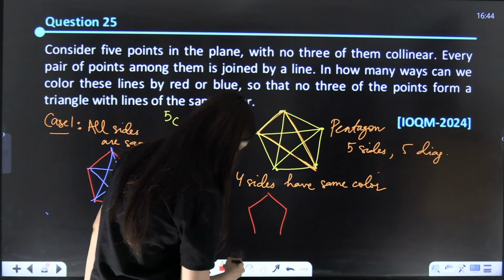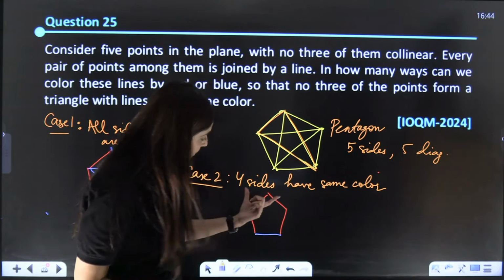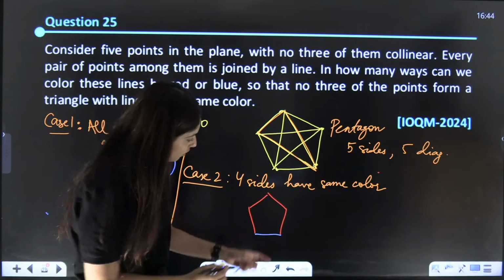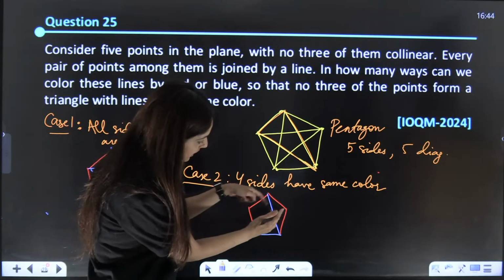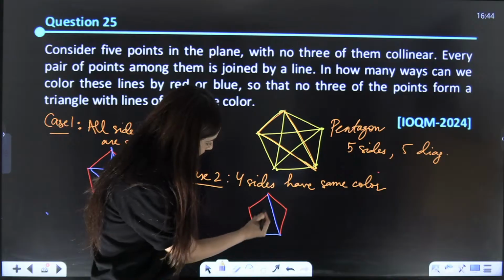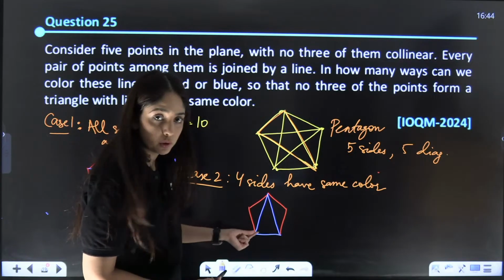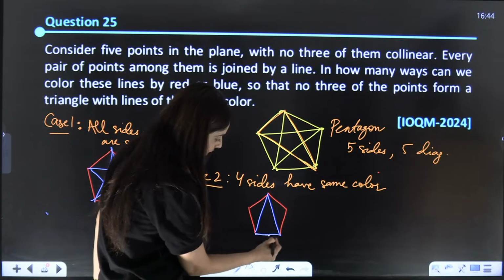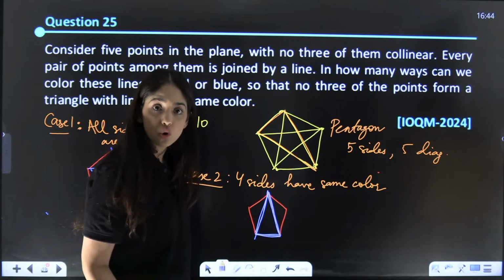So if I fix, now watch carefully, okay? If we fix these 4 sides, now this diagonal has to be blue because we are considering this triangle, and similarly this triangle also has to be blue. This diagonal also has to be blue. But if that happens, then this triangle is all blue, which is not allowed.